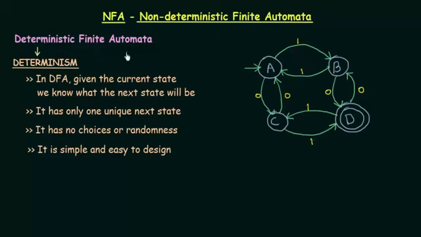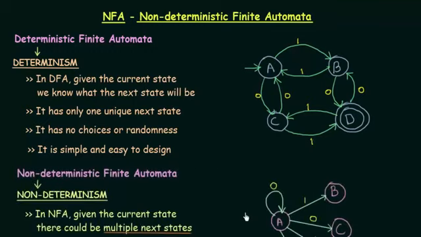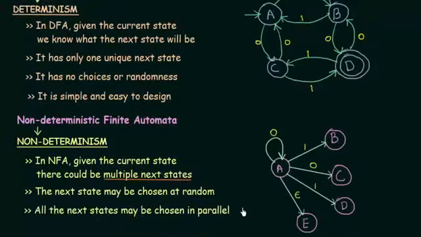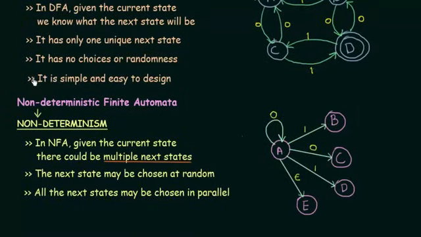So that was about deterministic finite automata, and that explained the determinism to us. Now, what is non-deterministic finite automata? It comes from the word non-determinism, and what does this mean?